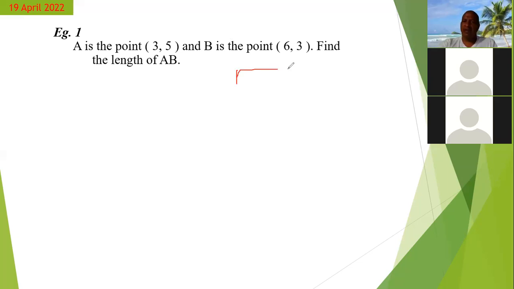It will be the square root of x2 minus x1 all squared plus y2 minus y1 all squared.